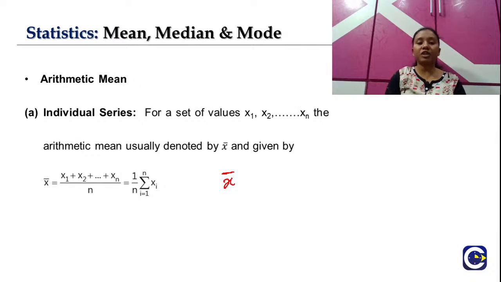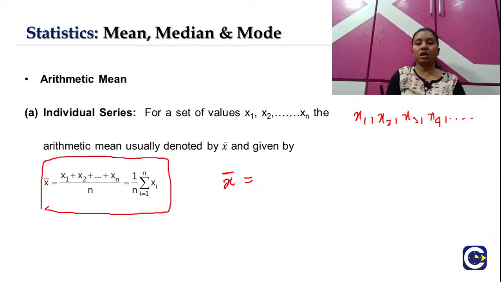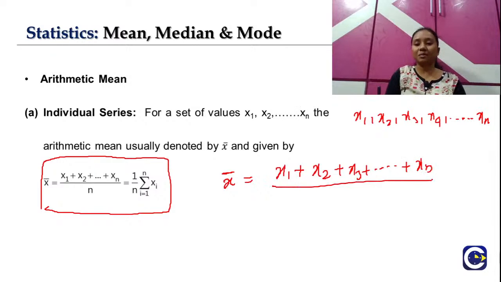The arithmetic mean of these elements is x1 plus x2 plus x3 and so on until xn, divided by n, which is simply the average of the given terms in the series.